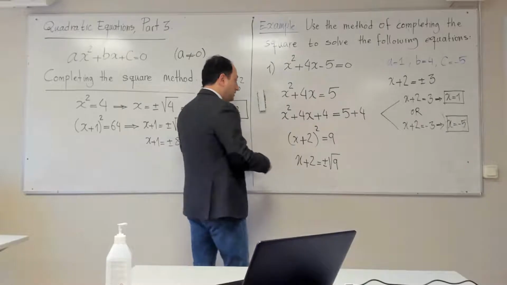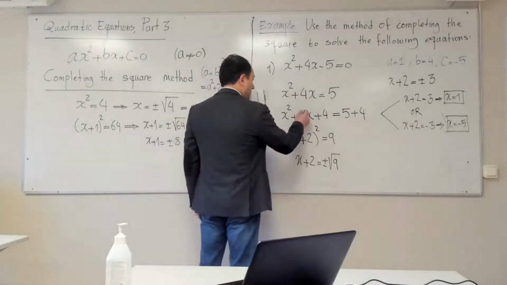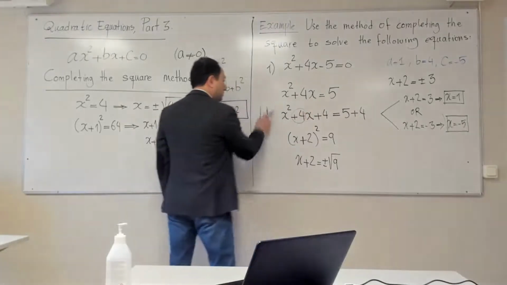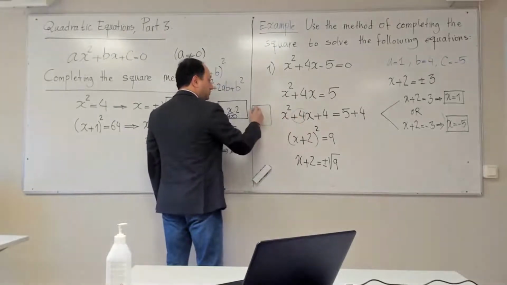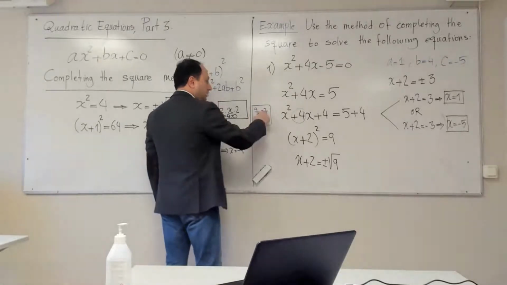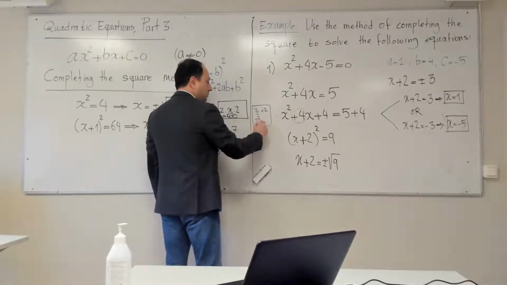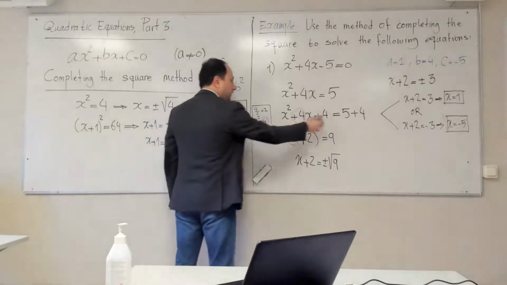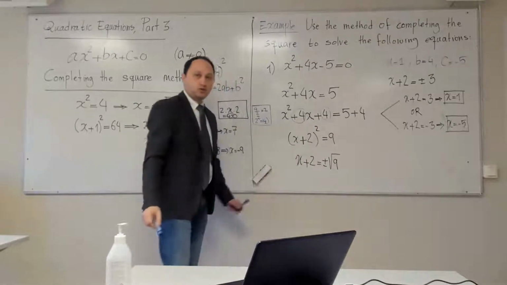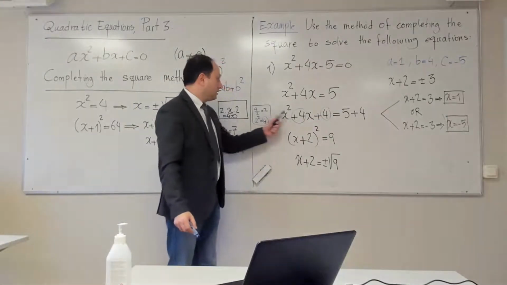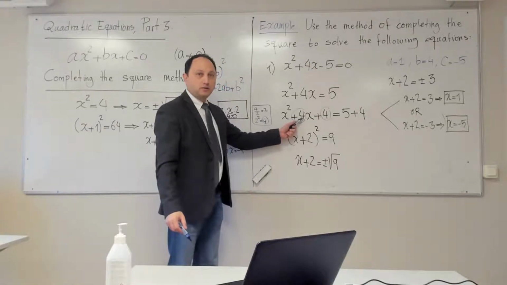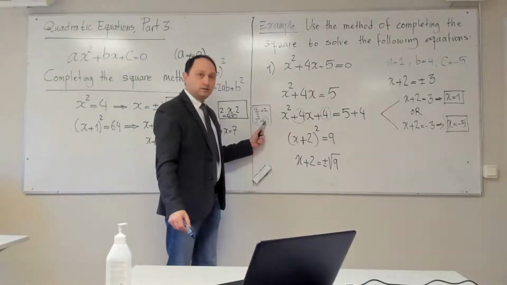You need to take this number in the middle, you go to a scratch paper, you divide this number by 2, it becomes 2, and then you square it, it becomes 4. And that is the number that you have to add. So the number that you have to add is the middle number divided by 2 and then squared.